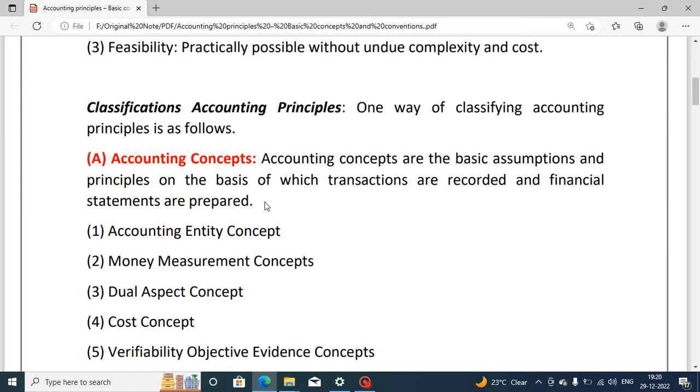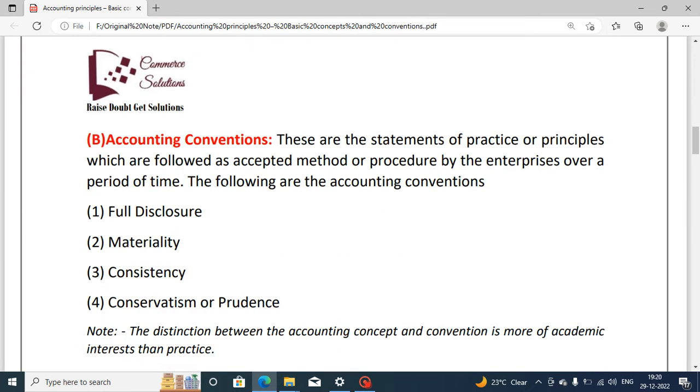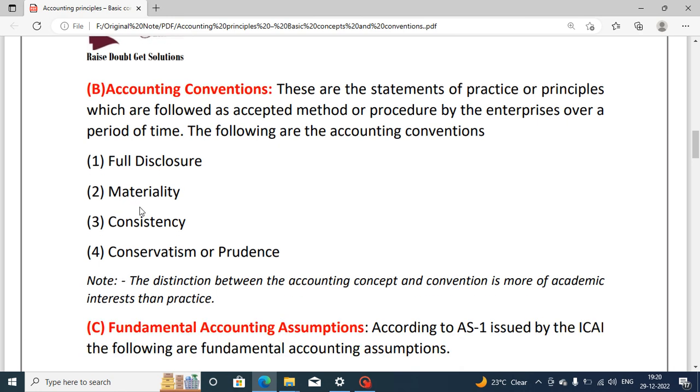The next category is accounting conventions. These are statements of practice or principles which are followed as an accepted method or procedure by the enterprise over a period of time. The following are the accounting conventions: full disclosure, materiality, consistency, and conservatism or prudence.